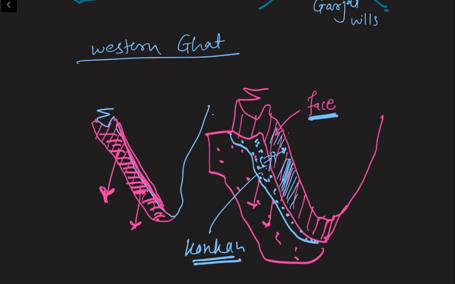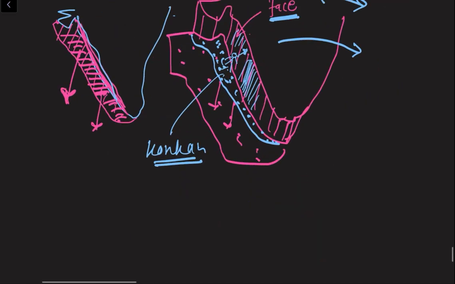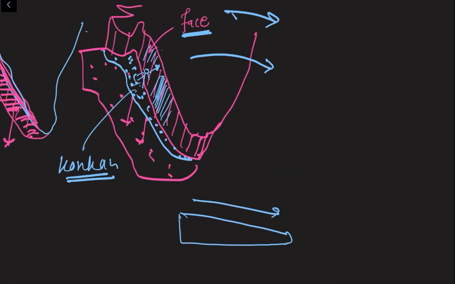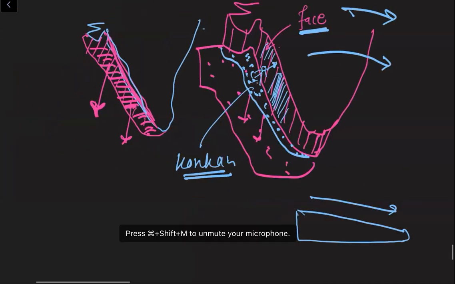Now when this event was happening, when this faulting and then subsidence was happening, the Indian plate turned like this. This slip happened, it turned like this, and because of that the slope is like this. When the plate turns like this, its slope is like this. You understand?